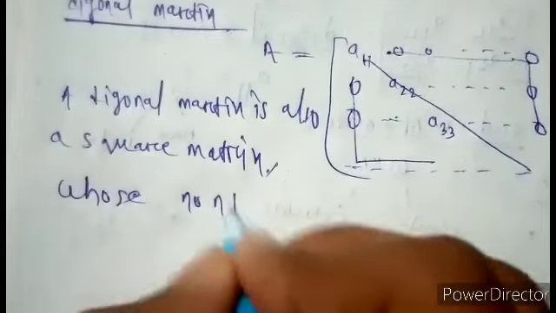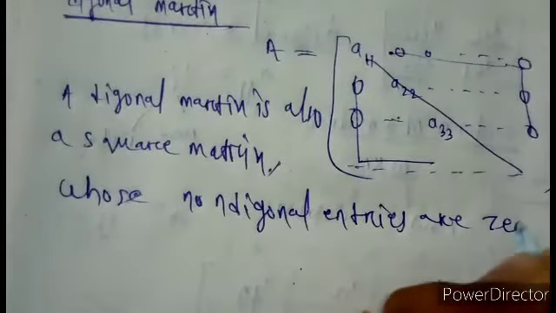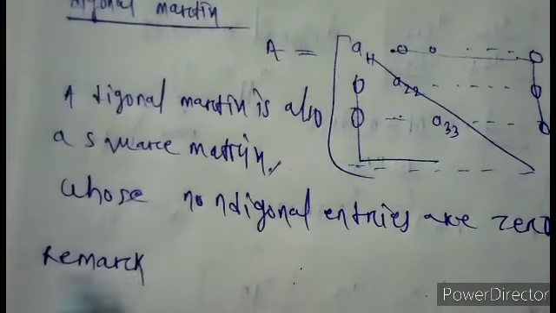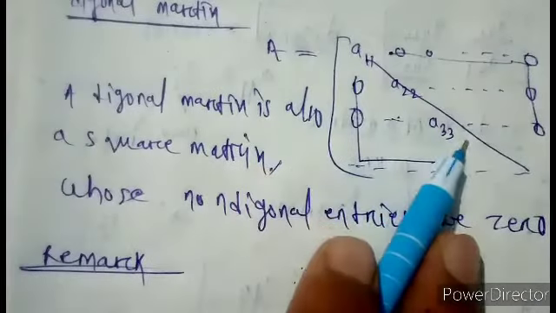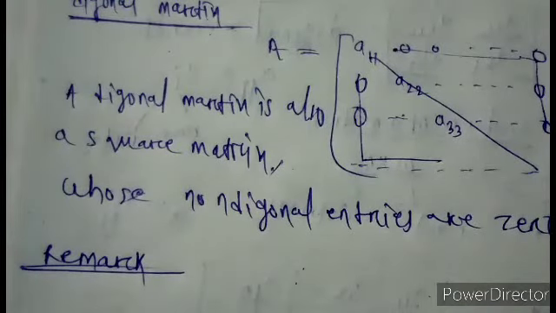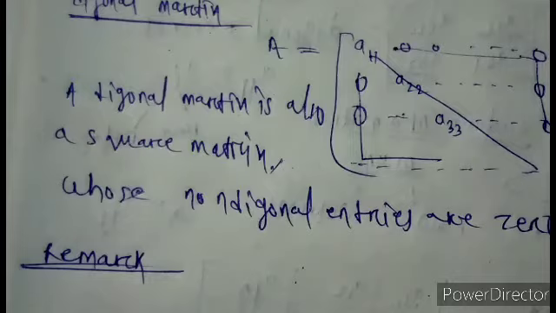So a diagonal matrix is a square matrix whose non-diagonal entries are 0, but it is not necessary that the diagonal entries are non-zero. What is the remark here? The diagonal elements can also be 0. It is possible, but the condition is restrictive: all the non-diagonal entries must be 0. So we know what is called a diagonal matrix.